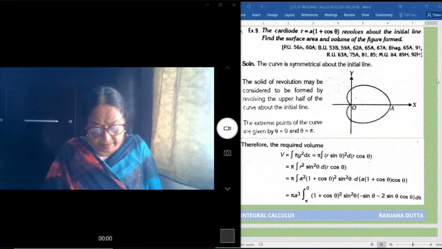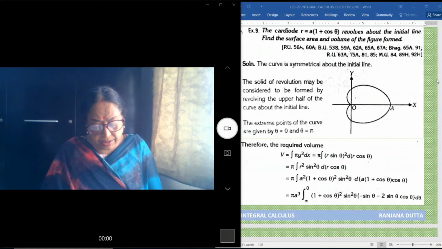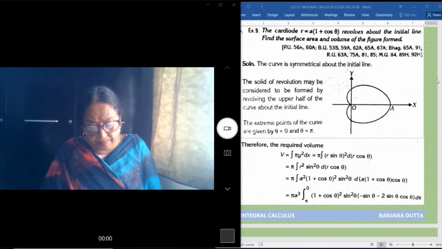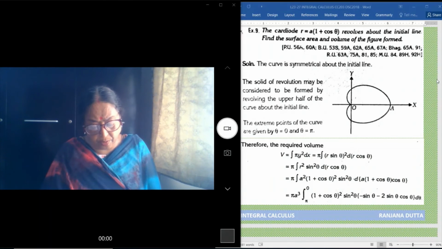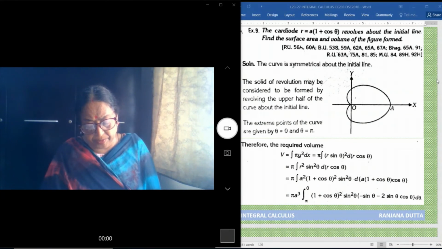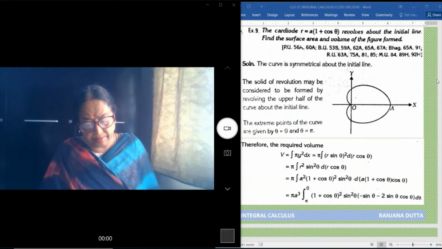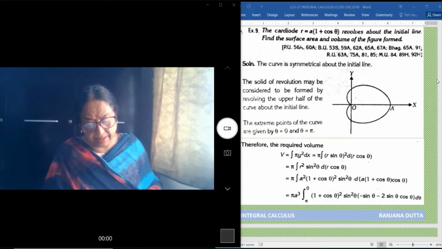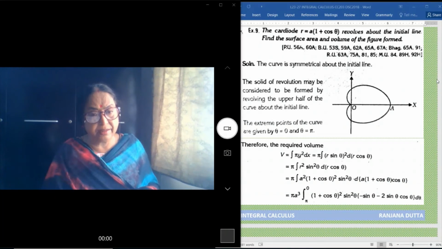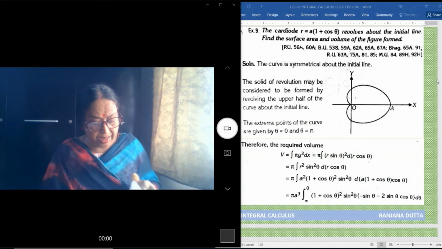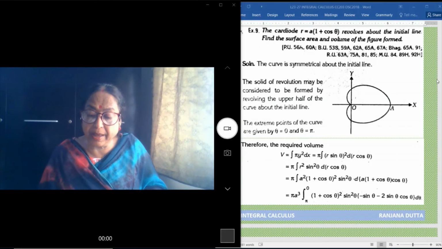As we can see, the solid of revolution may be considered to be formed by revolving the upper half of the curve about the initial line. The extreme points of the curve are given by theta is equal to 0 and theta is equal to pi.